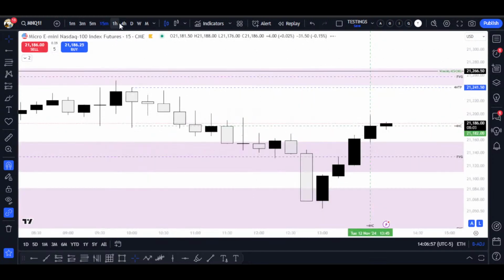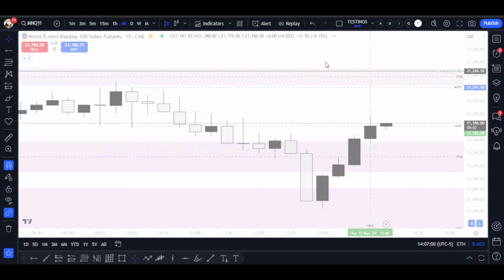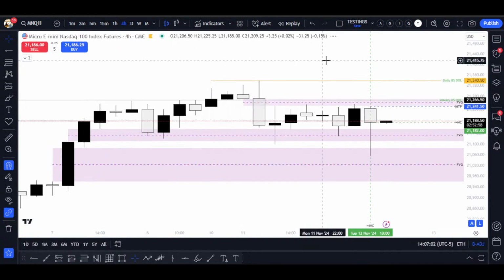So our 10 a.m. to 2 p.m. candle swept the 6 a.m. to 10 a.m. candle and closed above.